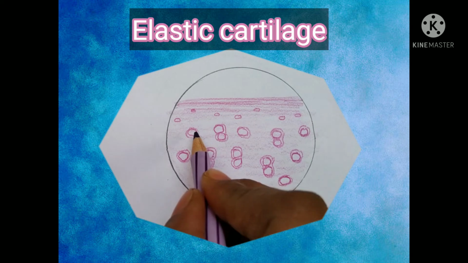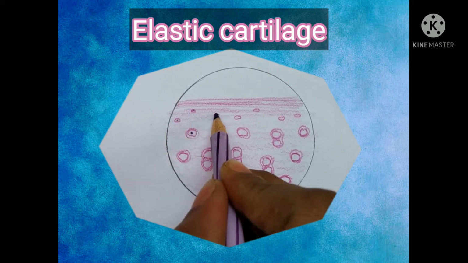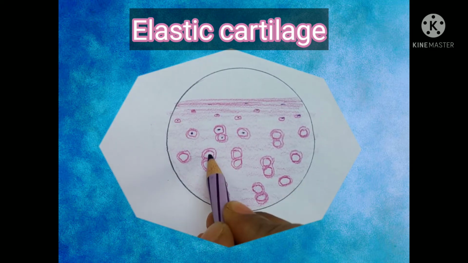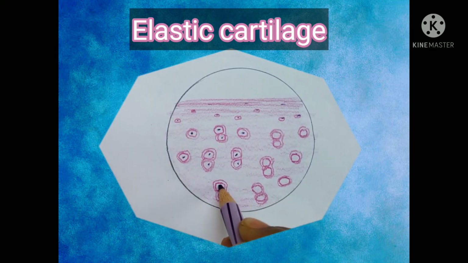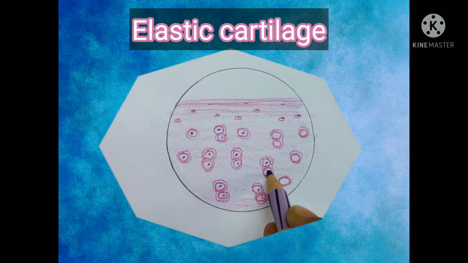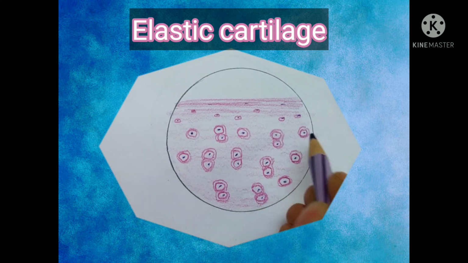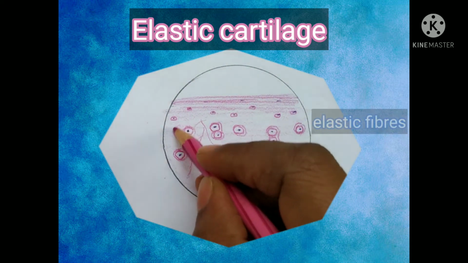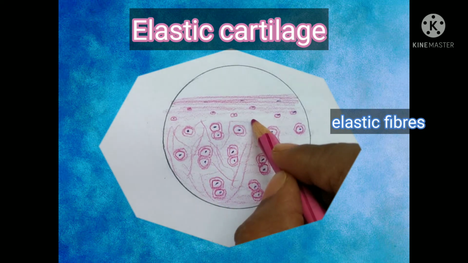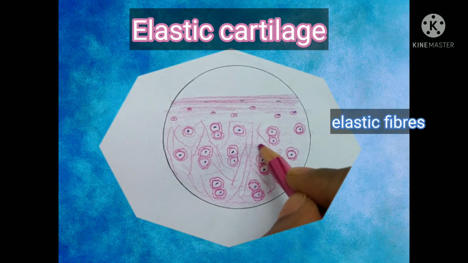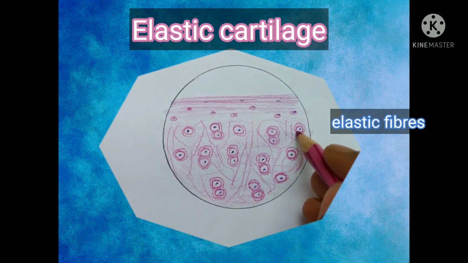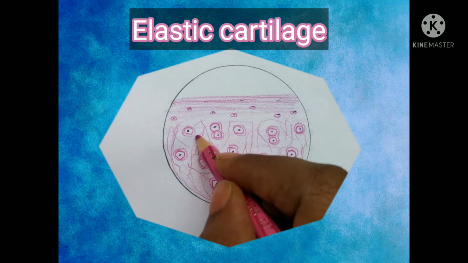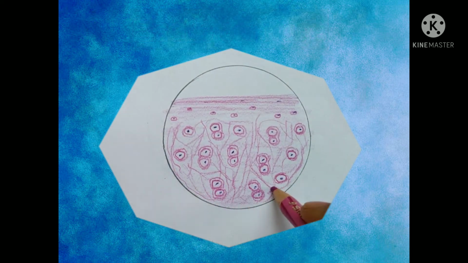So make sure you write the branching and anastomosing elastic fibers which completely fill the matrix surrounding the cells. This is elastic cartilage.